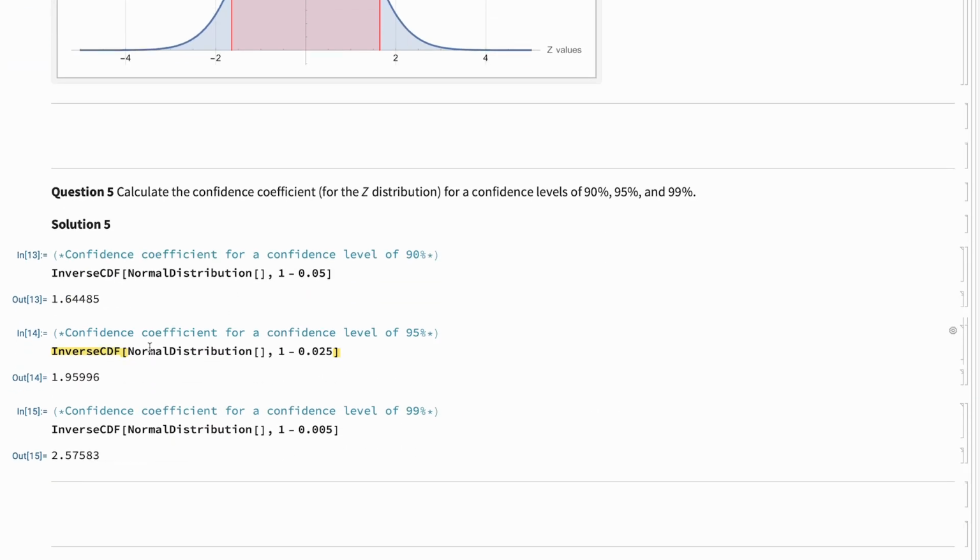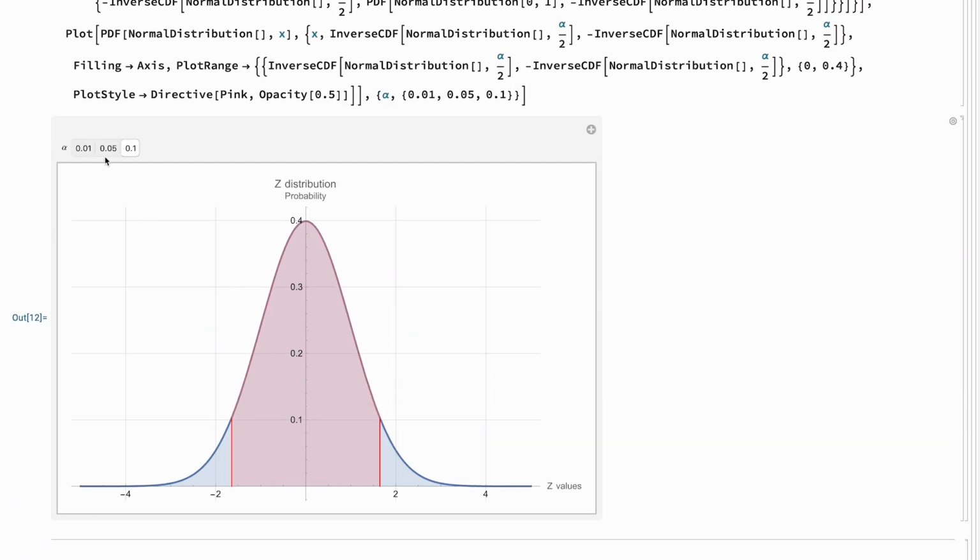If I go to 95%, I get 1.96. So let's go there and look at this. I'm capturing 95% of the most common values, and look here. My bound has gone to around, it's difficult to be right on the spot there, but there, 1.96. If I am 1.96 standard errors above or below 0, I will capture 95% of the most probable values.